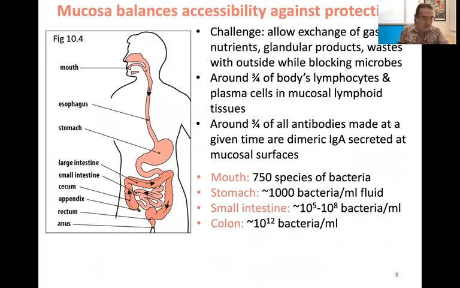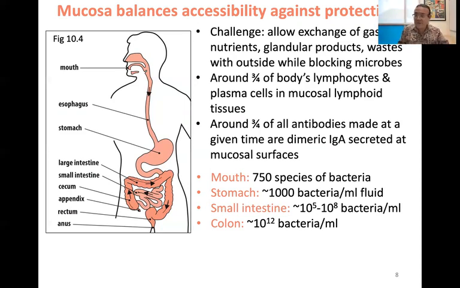So the challenge, when we stop and consider this, is that the mucosal layers have to be designed to balance 2 very opposing considerations. On the one hand, mucosal layers have to be thin and delicate in order to function, allowing stuff to move back and forth, whether you're talking about gases or nutrients or waste products.